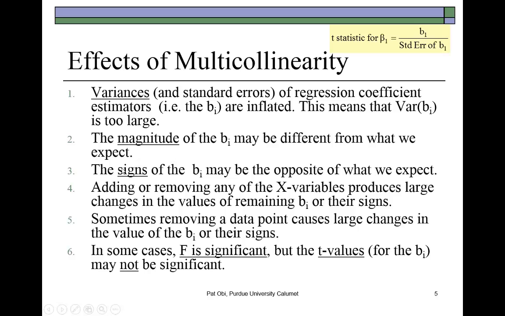Thirdly, and this is important, sometimes when we have collinearity, the signs of the coefficients may be the opposite of what we expect. For example, you may be looking at the relationship between a firm's earnings per share and advertising expenses. Earnings per share is a measure of profitability.